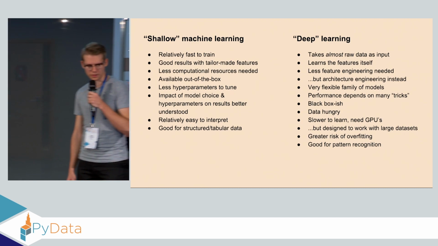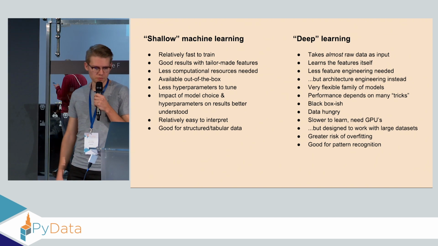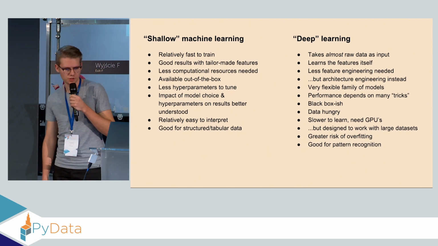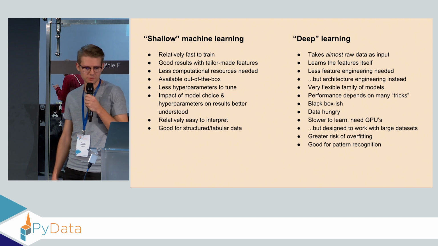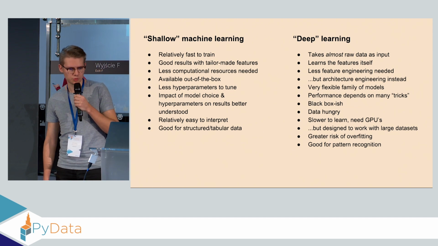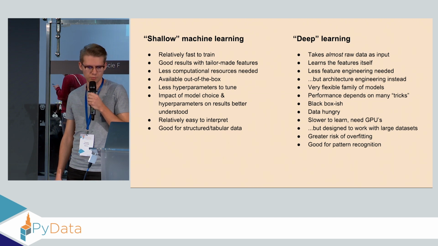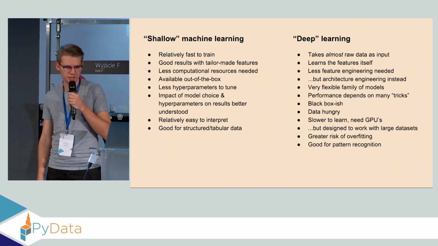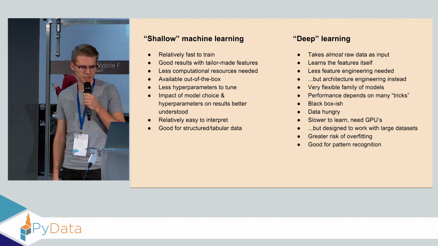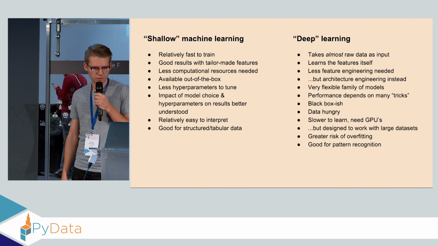To finish with a comparison of these two approaches, this kind of shallow machine learning was relatively fast to train. Actually, we found out that in case of the trees, we got pretty fast to a level where we got no additional accuracy growth in adding more trees. So it really didn't require much computation.